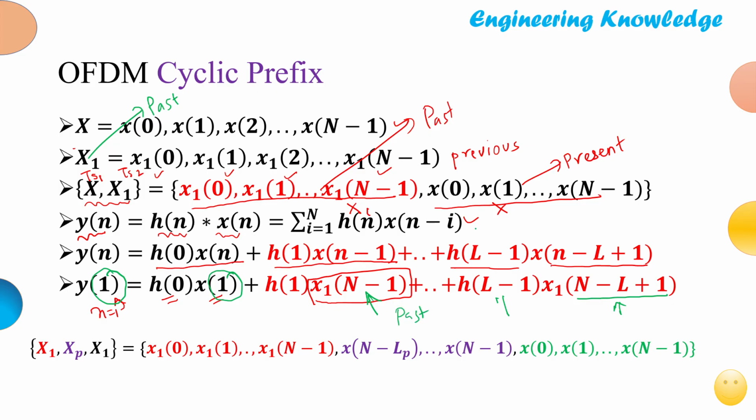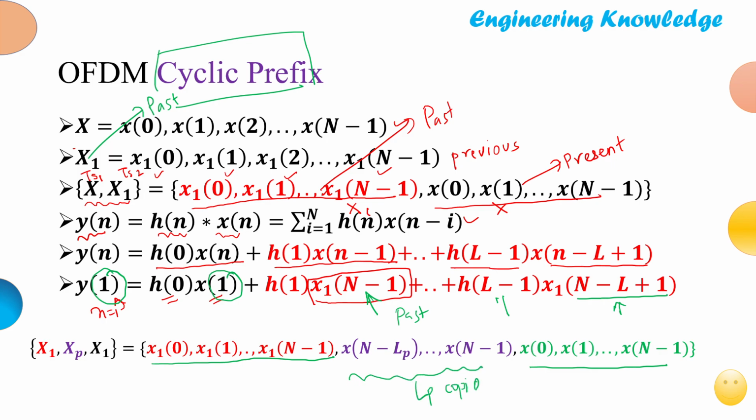In order to eliminate this, we use the concept of cyclic prefix. In cyclic prefix, we have the past and the present, and we knowingly insert some Lp copies of the present, because we know they are going to impact here. We have seen that it has impacted. So this is actually a component derived from the present symbols.